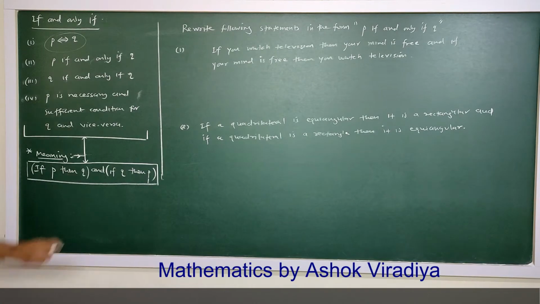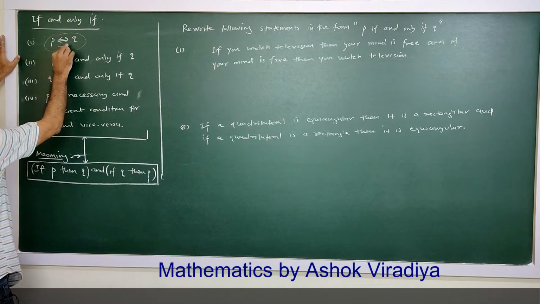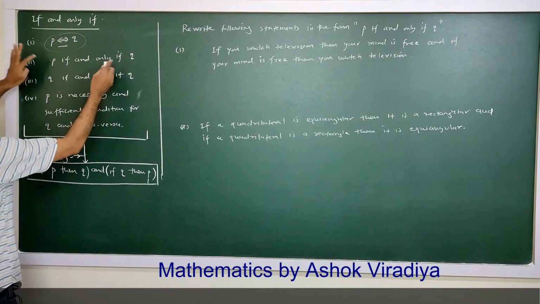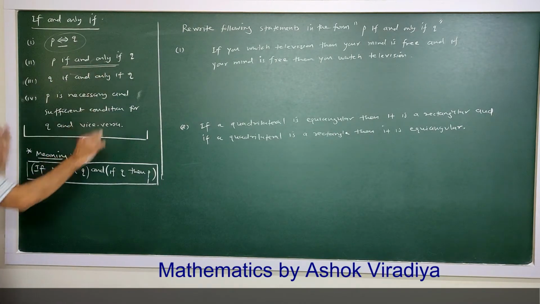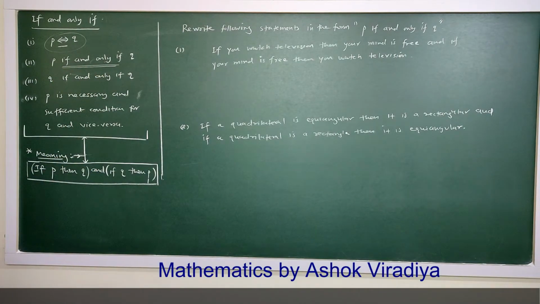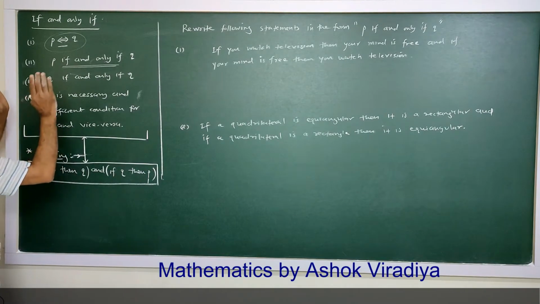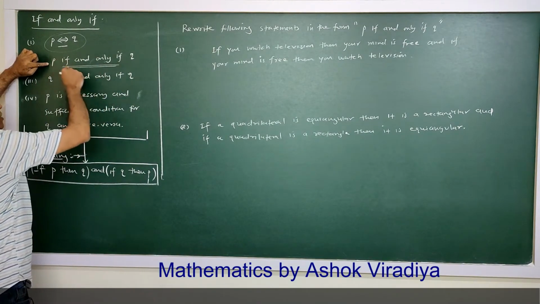And between P and Q, either we put this symbol, double implies, or we put these words, if and only if. Instead of writing two times P, Q, we put only one time P and Q and put these words, if and only if.